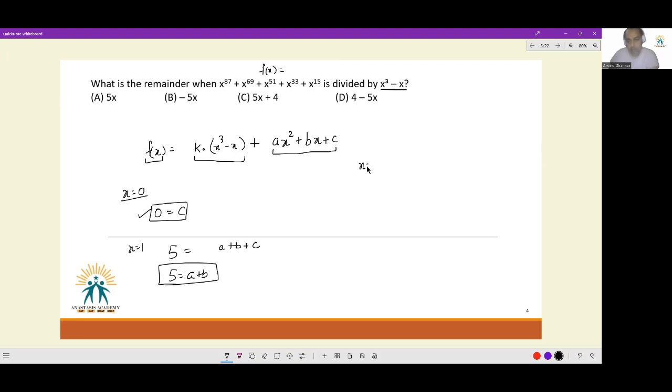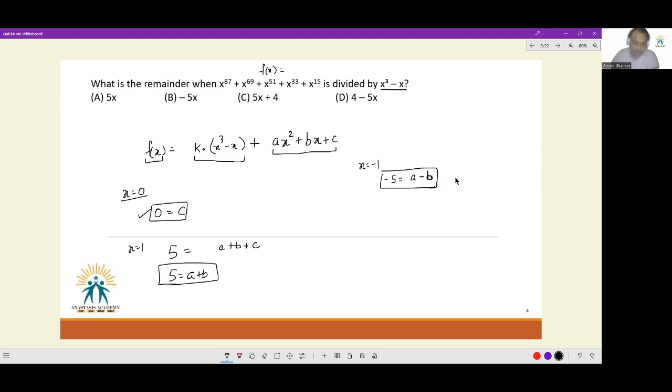At x equal to minus 1, each of these turns minus 1, minus 1, minus 1, minus 1, minus 1. So minus 5 is equal to A minus B. C will of course remain missing because C is equal to 0.